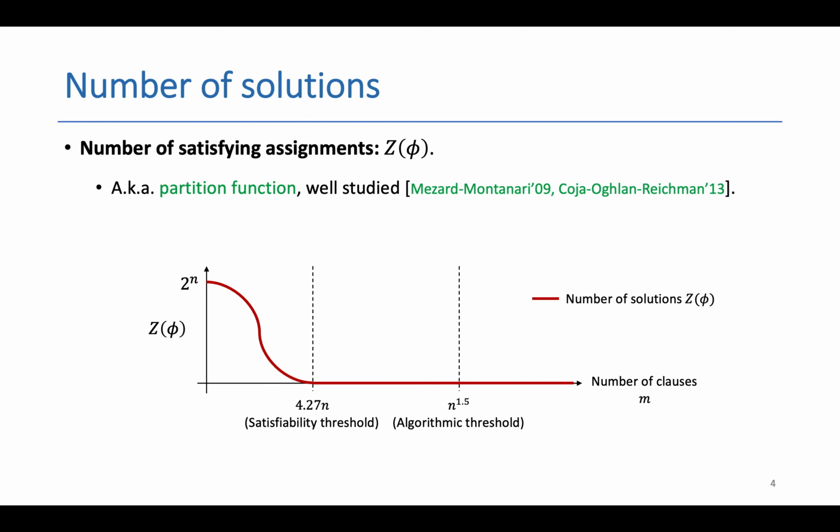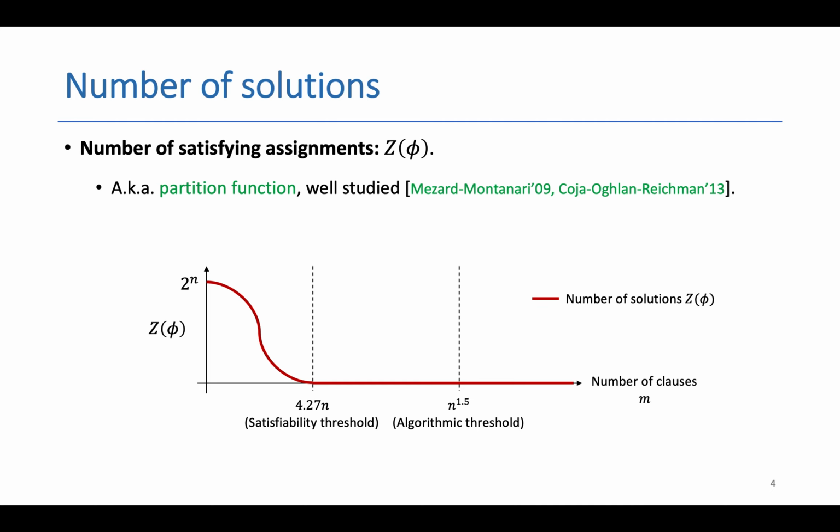The property of 3-SAT that we're going to be interested in is the number of satisfying assignments that the formula has, which in some of the literature is called the partition function at zero temperature.